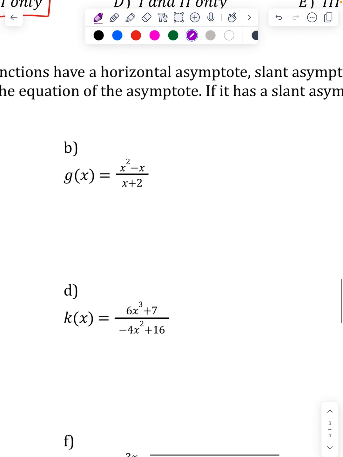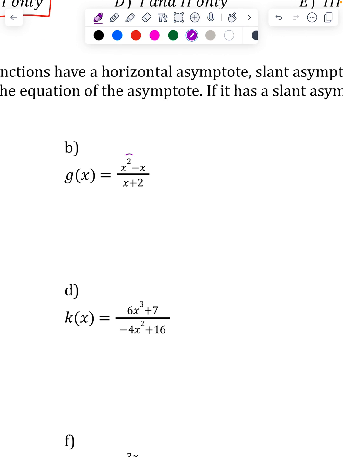In option B, or example B, I'm again looking at these first terms. The top is not only greater than the bottom, so that indicates there's no horizontal asymptote, but it's bigger than the bottom by 1 power, because this is an x to the second power, and this is 1x to the first power. So this one is going to be a slant asymptote.